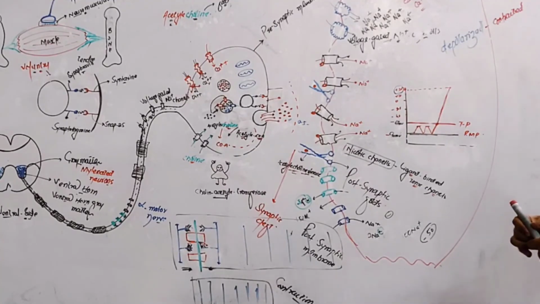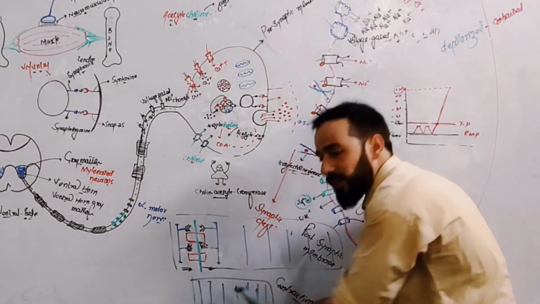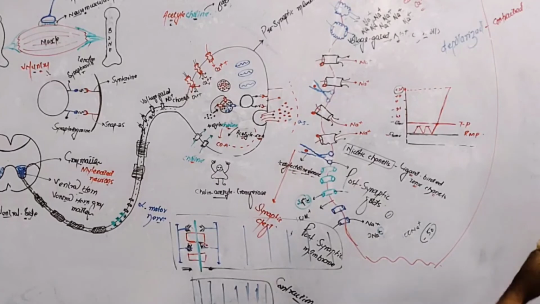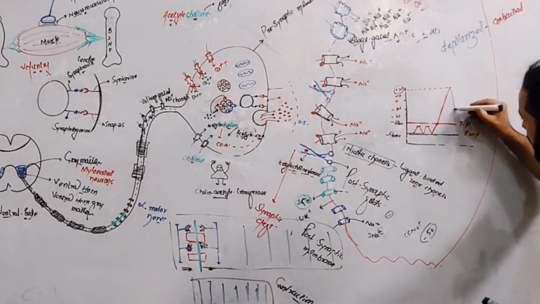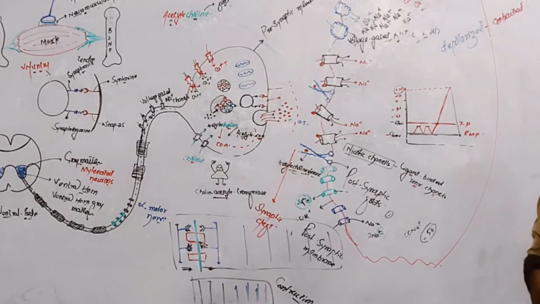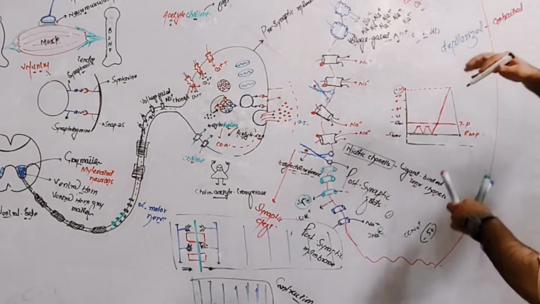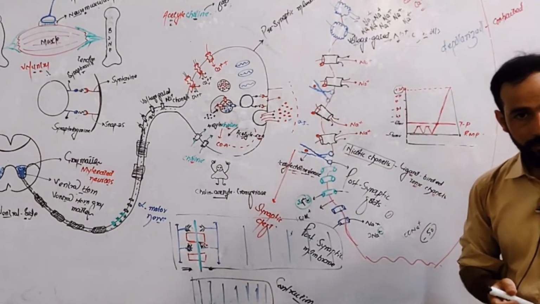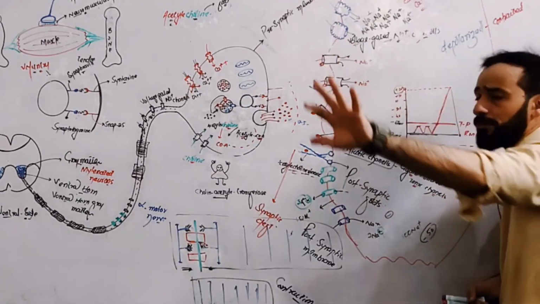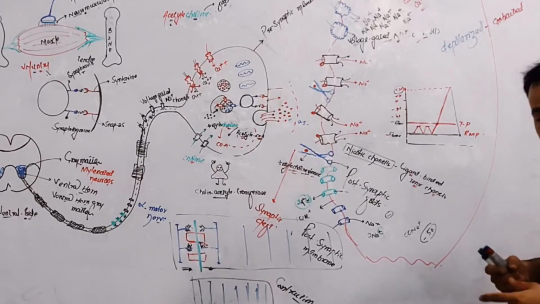What will we do to bring all these Z lines back to their original position? We have to bring the cell back to its resting membrane potential. In which manner? We have to lose these positive charges, right? And if you want to lose these positive charges, what will happen?